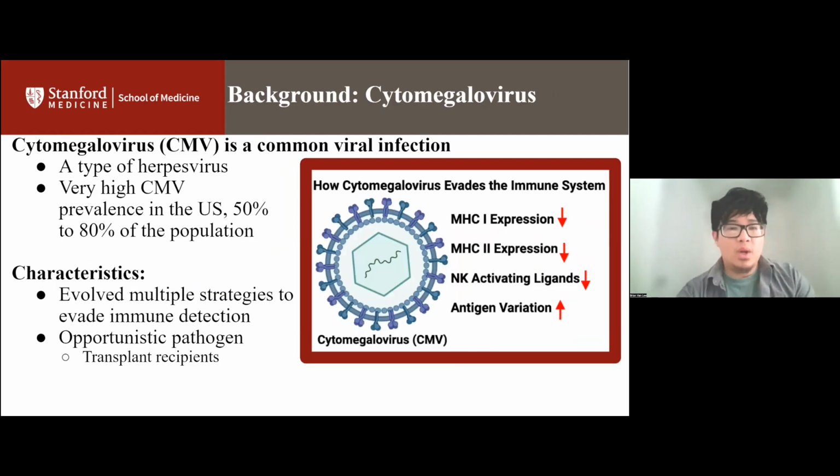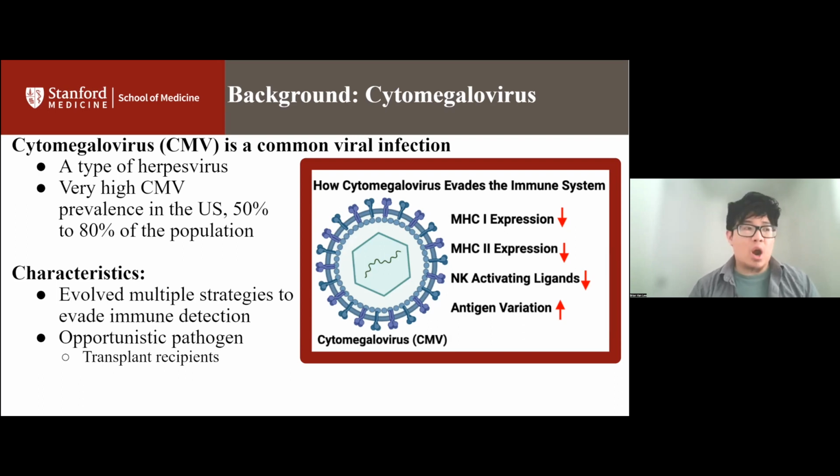So to explain why we're looking at CMV, CMV is a very common viral infection with super high prevalence rates, and I would bet that at least one person on this call right here probably has CMV. But I wouldn't worry too much about it, just because in healthy patients, CMV doesn't actually do anything.